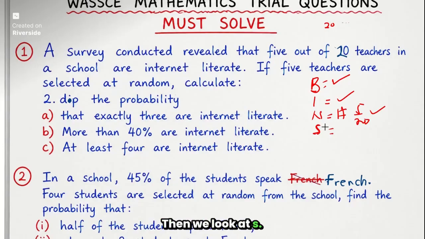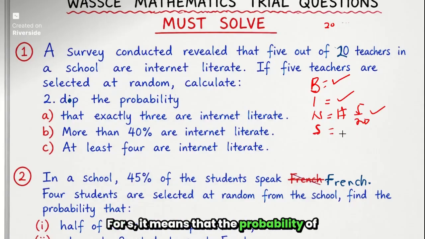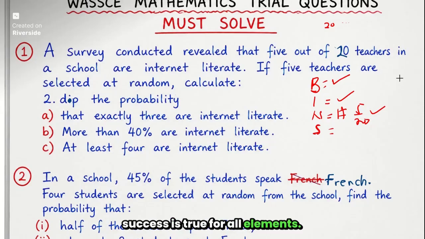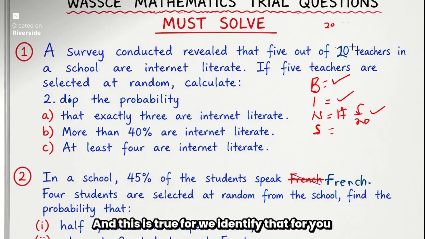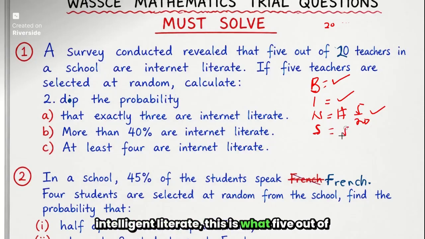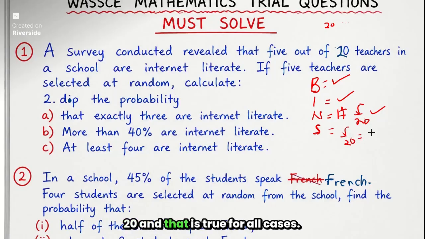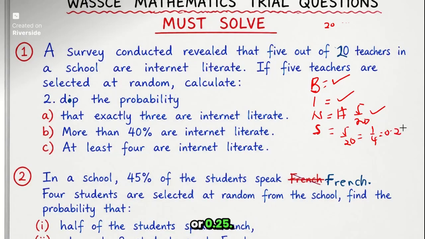Then we look at S. For S, it means that the probability of success is the same for all elements. The probability for you to be internet literate is 5 out of 20, and that is true for all cases, which is 1/4 or 0.25.